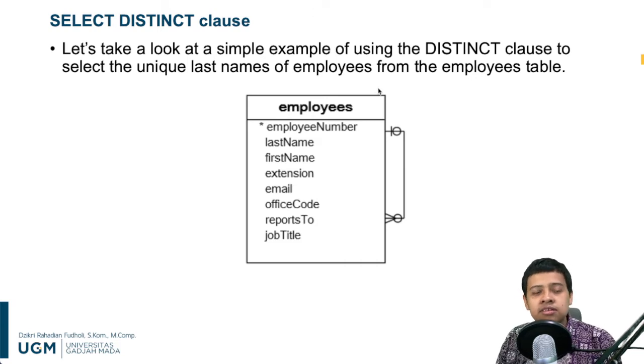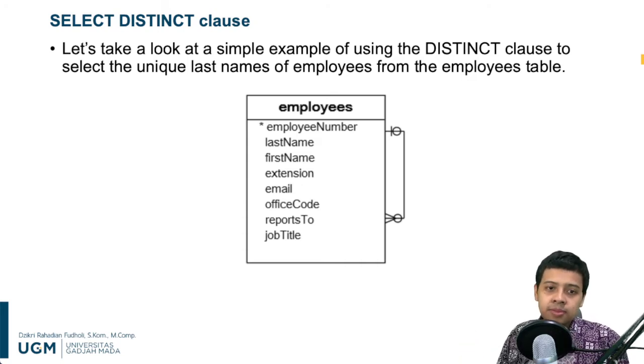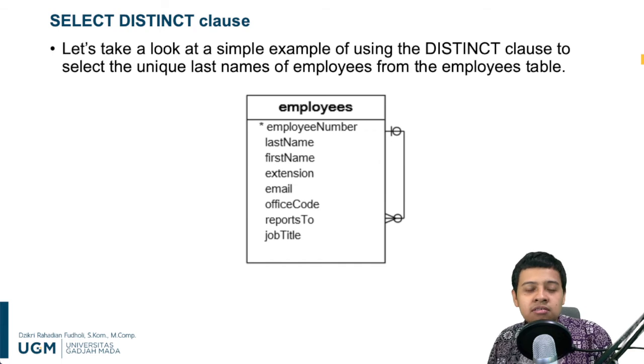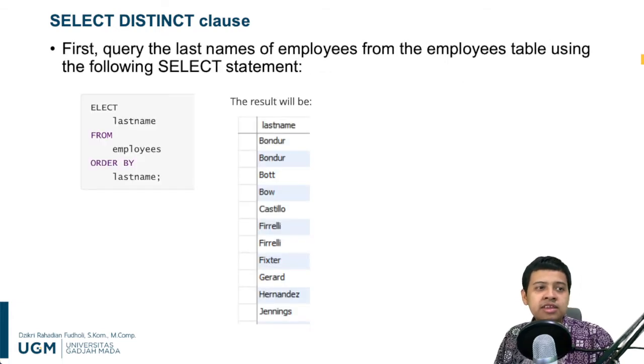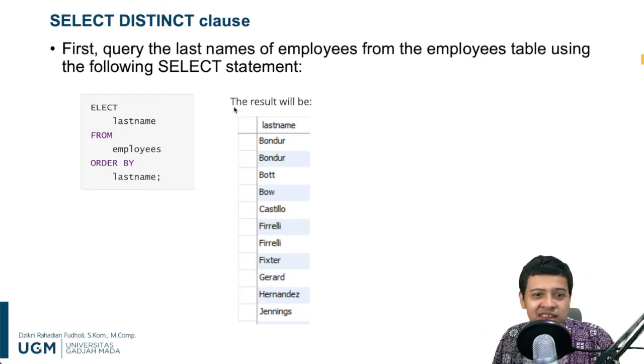Let's look at a simple example of using the distinct clause to select the unique last names of employees from the employees table. We want to find unique last names, because usually, maybe in Indonesia or other countries, a last name is very common. Maybe in Japan or Korea, the last name is very common, and we want to find a unique last name. We can do this statement. This one is select, not elect, so something is wrong with this statement.